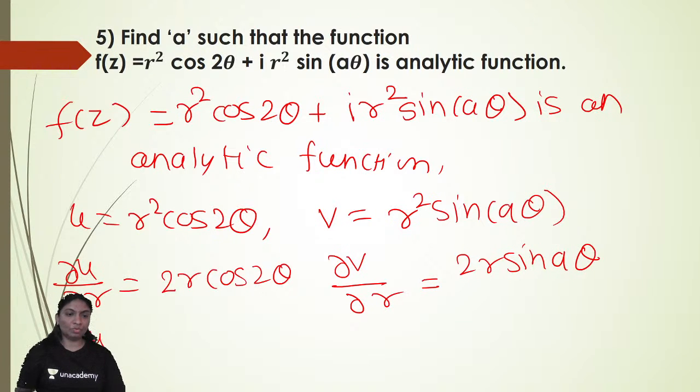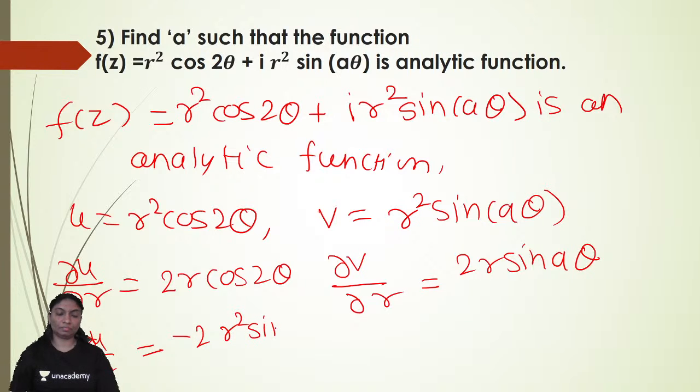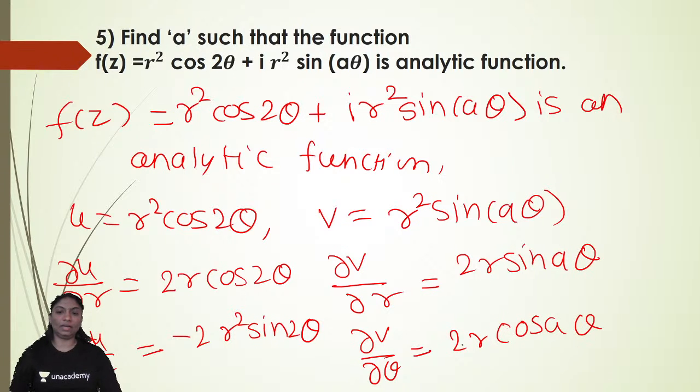Here ∂u/∂theta: you will get r square into cos 2 theta, it means minus 2 sin 2 theta, so minus 2r square into sin 2 theta. Now ∂v/∂theta is equal to 2a r cos a theta.